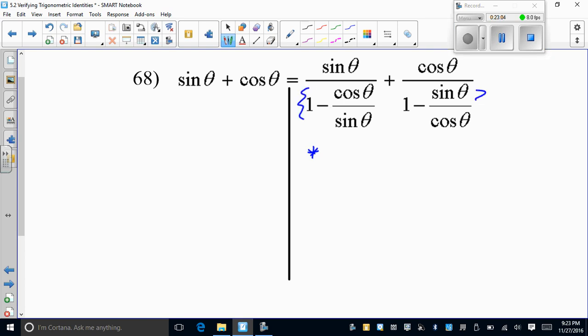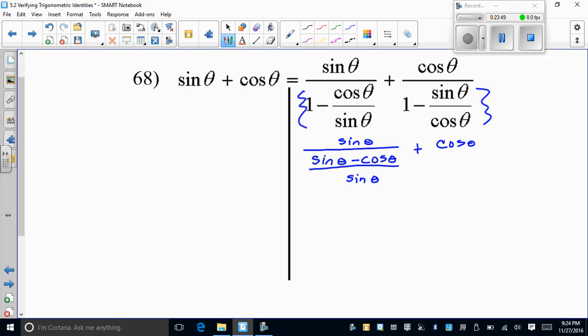But this guy here is going to become sine minus cosine, okay, sine of theta minus cosine of theta over sine of theta, all of this is going to be sine of theta, okay, plus, and then you have cosine of theta over cosine of theta minus sine of theta all over cosine of theta.